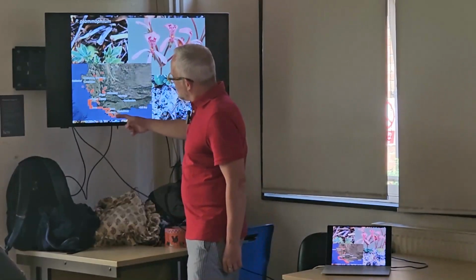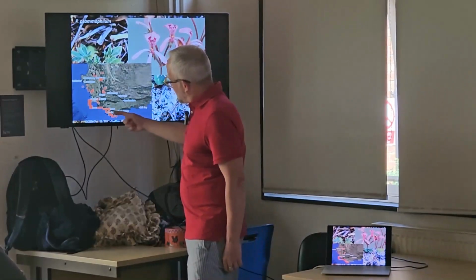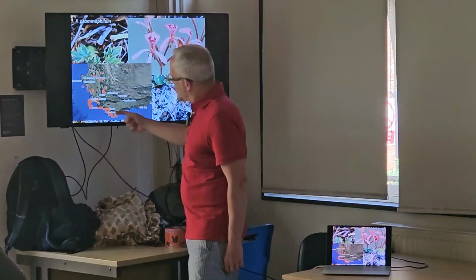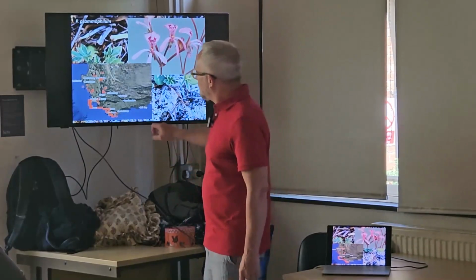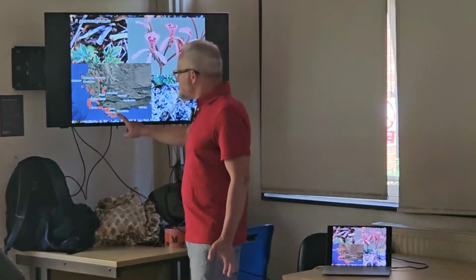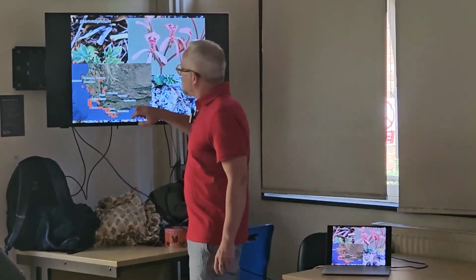As we move further east, the populations south of Bredasdorp tend to have white petals and incredibly broad leaves. I'll show a few pictures later. And these might turn out to be quite separate.